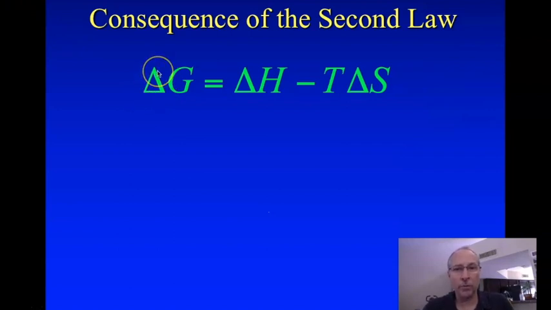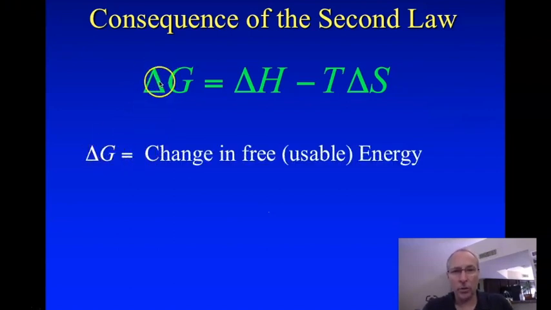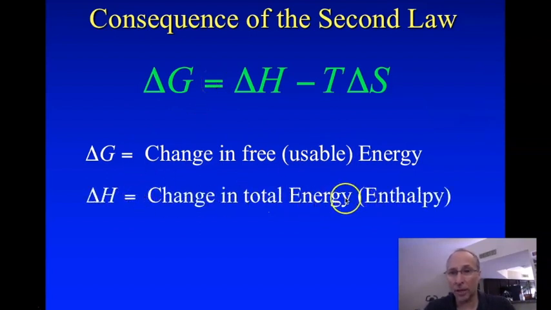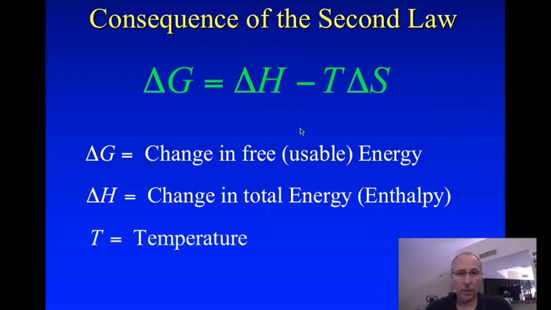We use the delta. If you remember, delta means change. So delta G is the change in the Gibbs free energy, the usable energy in the system. And so therefore, that's equal to whatever change in the enthalpy is. Now remember, if the system is closed, the first law says that has to be 0. And then the temperature is going to be here, because again, I'm expressing now entropy in terms of the way the physicists do.